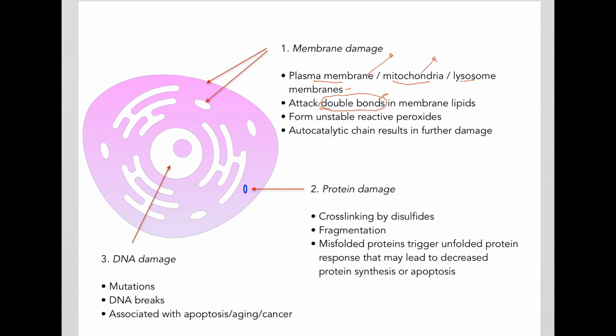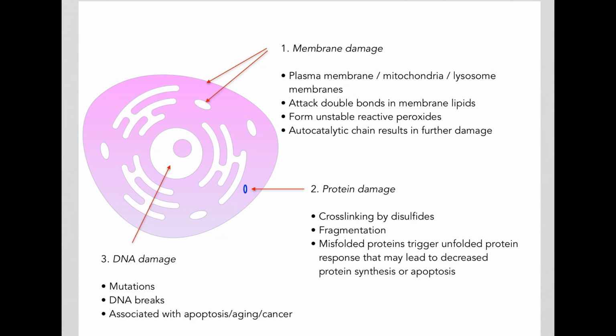Mitochondrial membrane, as you know, mitochondria is very important for energy generation. Lysosomal membrane may leak out all kinds of very powerful enzymes. So when these free radicals attack these membrane lipids, they form reactive peroxides. Now these peroxides will then attack more lipids, and that will lead to an autocatalytic chain that results in more and more damage to the various membranes in the cell.